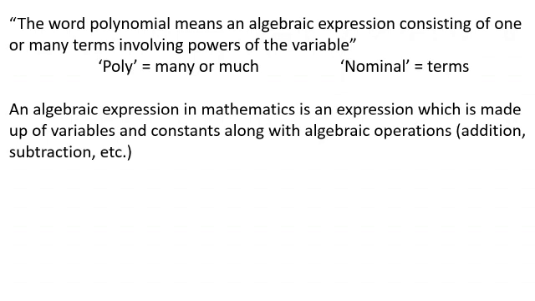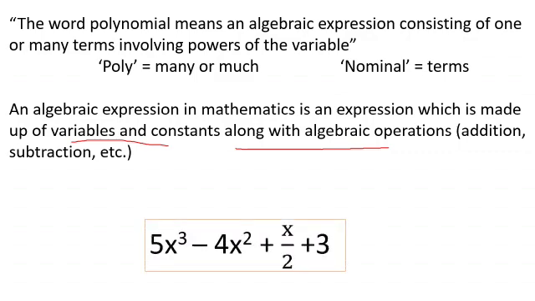Now let's have a brief idea of an algebraic expression. An algebraic expression in mathematics is an expression which is made up of variables and constants along with algebraic operations such as addition, subtraction, multiplication, etc. Let's take an example of an algebraic expression: 5x cubed minus 4x square plus x by 2 plus 3.